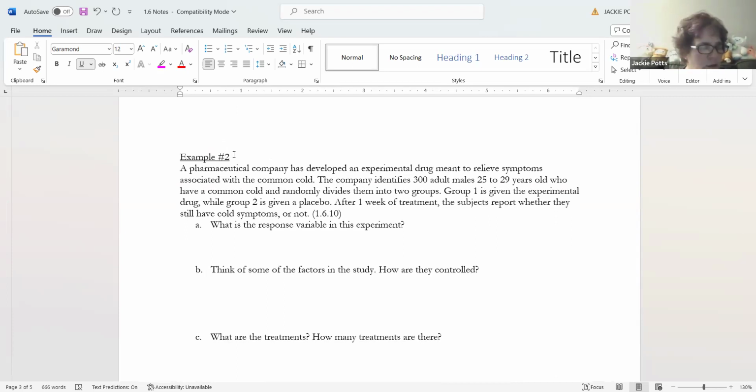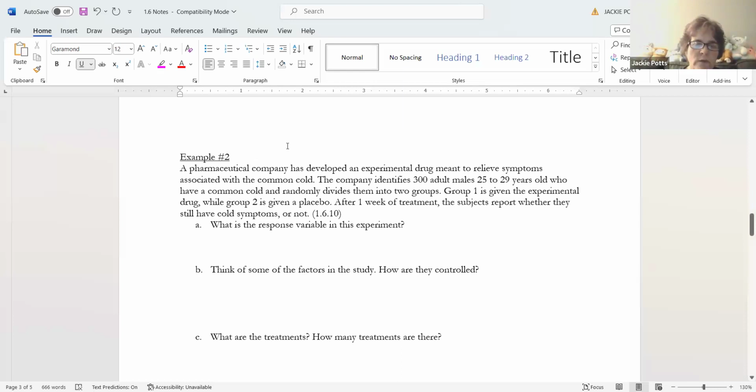The company identifies 300 adult males ages 25 to 29 who have the common cold and randomly divide them into 2 groups. Group 1 is given the experimental drug, while group 2 receives a placebo. It's just a cold. After 1 week of treatment, the subjects report whether they still have cold symptoms or not. In other words, whether or not they got better.